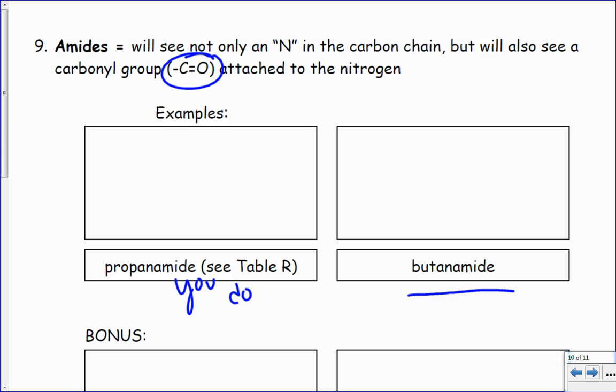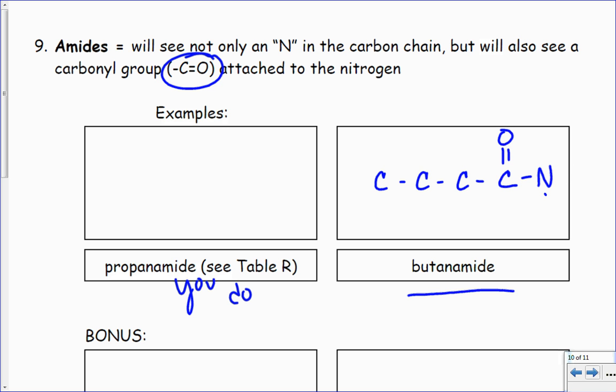The nice thing about these is that they are always terminal. So it's 4 carbons. On the last carbon, I'm going to have a double bonded O followed by an N H. And I lied, it's not always terminal. And I wrote an H instead of an N, so I'm doing too much at once, Mr. Milks.